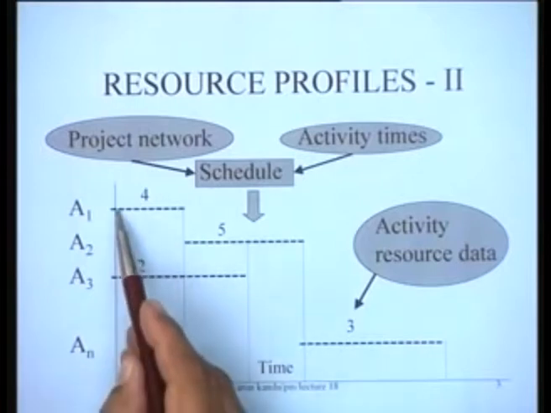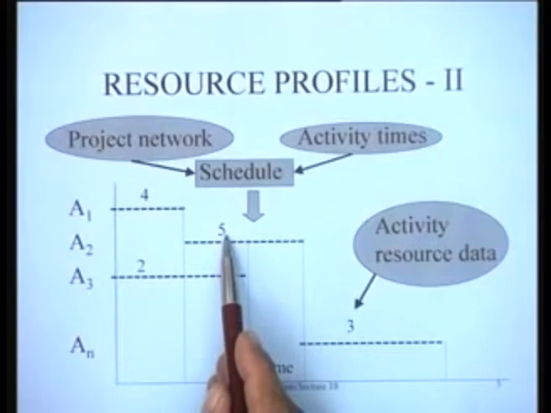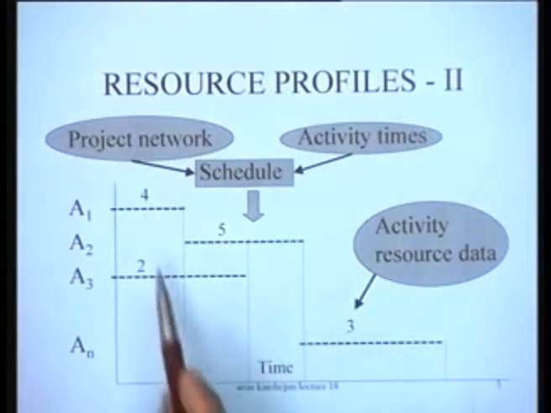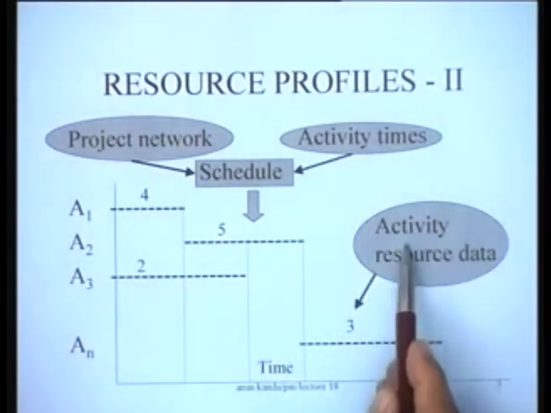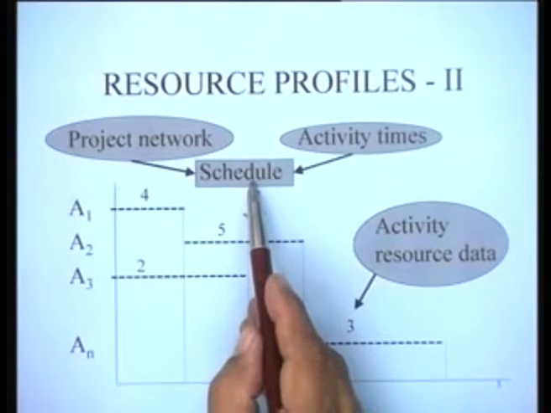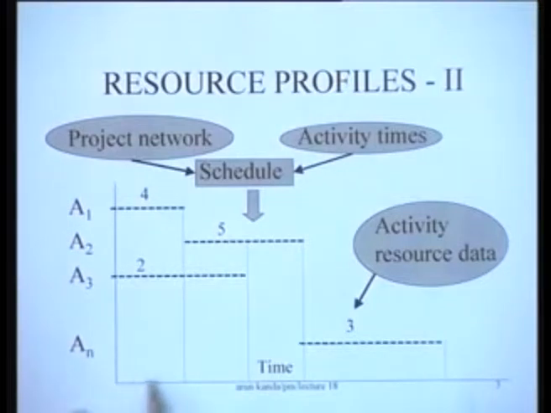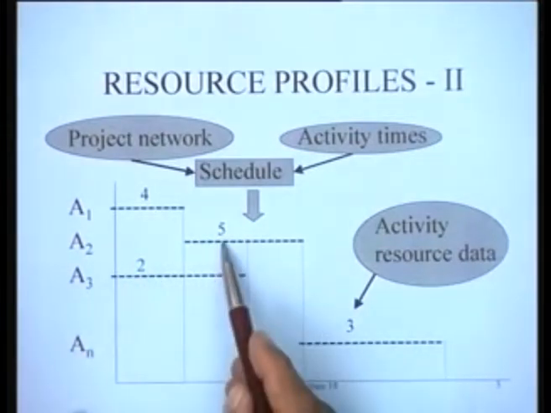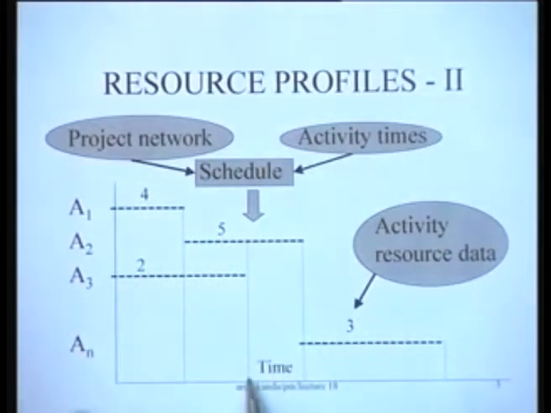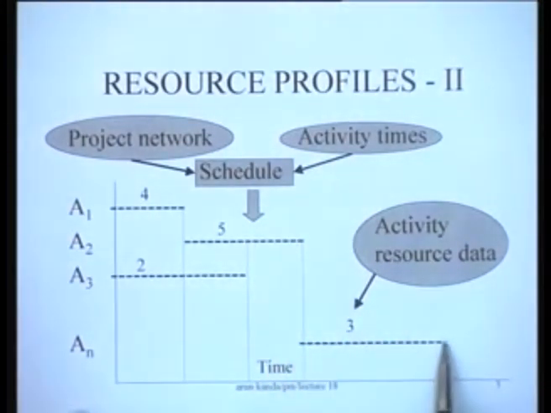It may so happen that activity A1 requires 4 men, activity A2 requires 5 men, and so on. So we have this list of activity resource data which we now impose on the schedule. If we do this, you can see from this particular example that during the period from 0 to here, 4 plus 2, 6 men are going to be needed. 7 men are going to be needed during this particular interval. Only 5 men are needed in this interval, and 3 people are going to be required in the entire interval from here to the project finish.